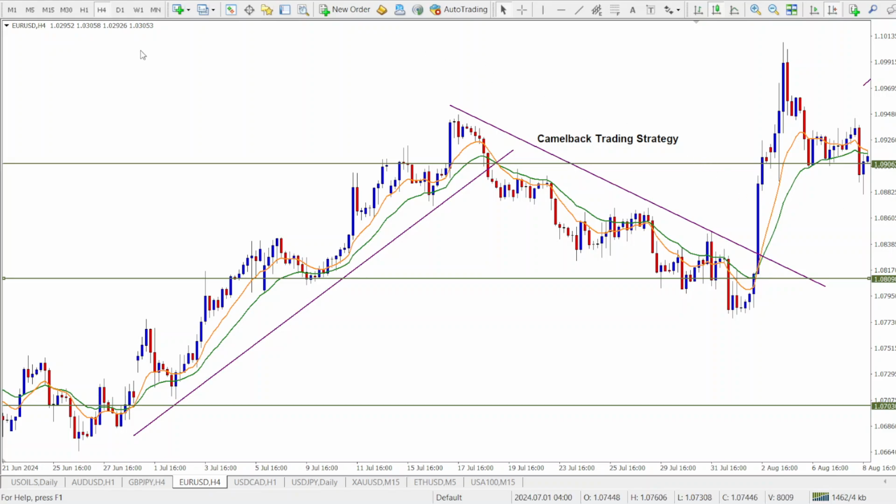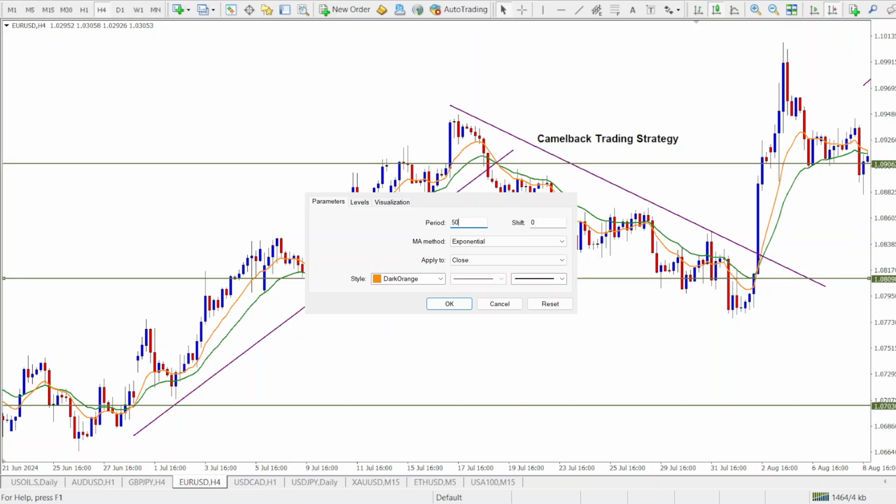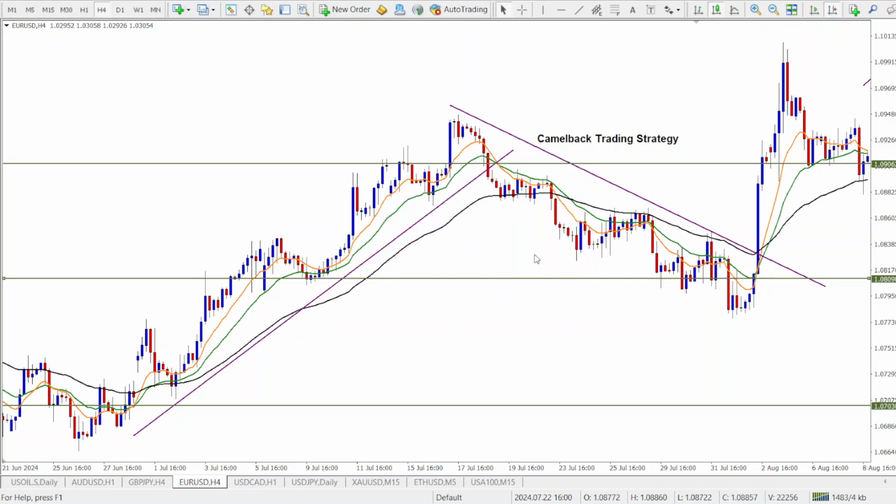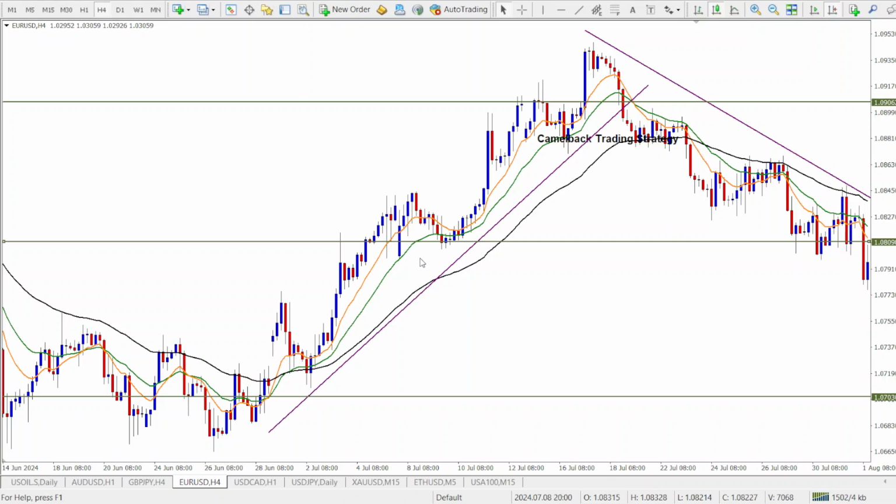Now, if you want a longer term trade, right? If you are the kind of trader who maybe holds trades for a longer period of time, or you prefer stronger trends and all of that, you can decide to also add the 50 period moving average, and then perhaps you can go to a higher time frame, or you can still stay on, maybe the hourly time frames and trade on them.